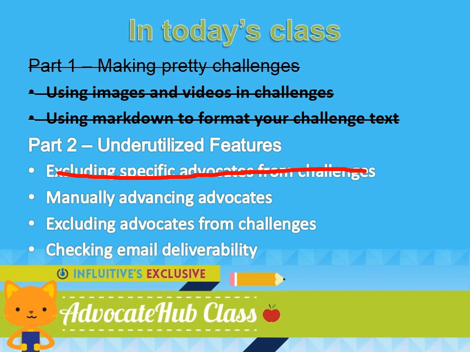A reference call has many, many stages that require the advocate to come back and give some feedback in the hub. So it's easy for an advocate to forget to come back and complete the challenge. So we can talk about how you can manually advance an advocate to the next stage in any multiple stage challenge.